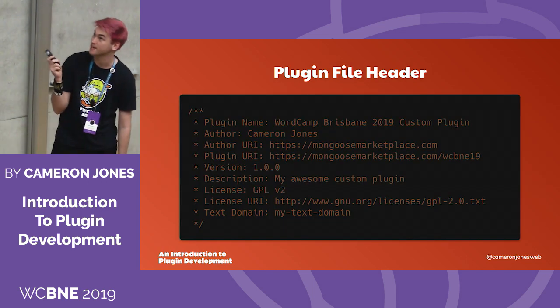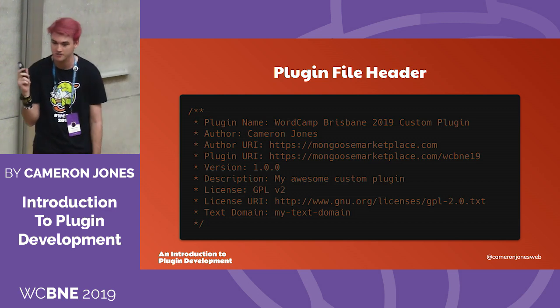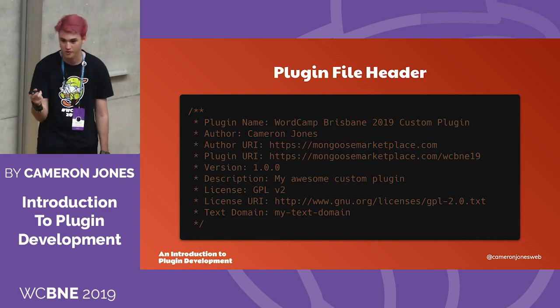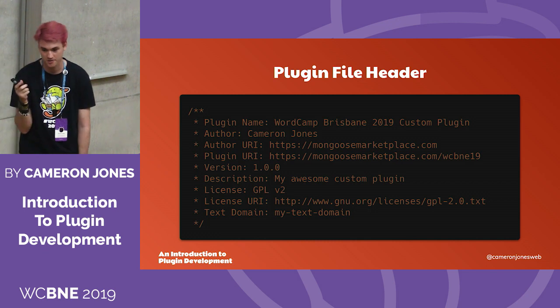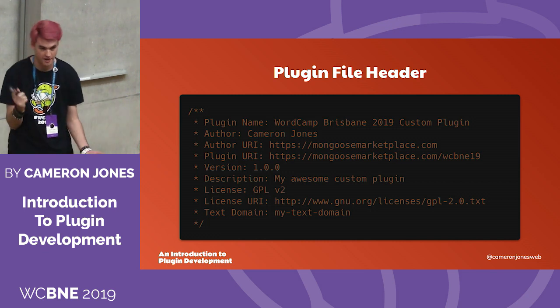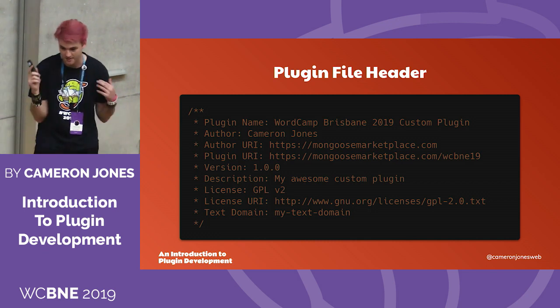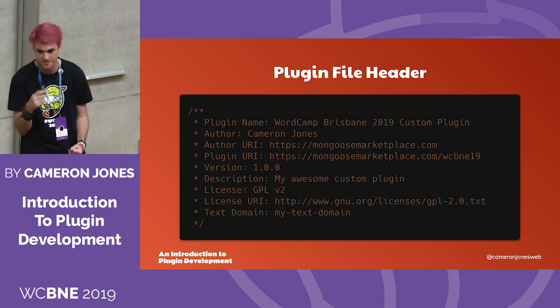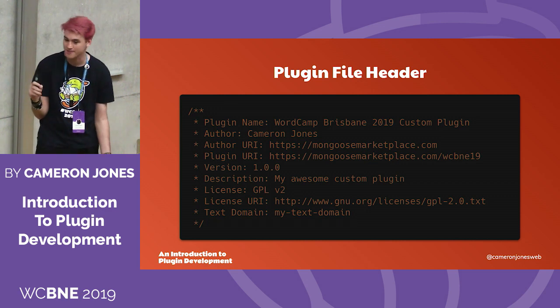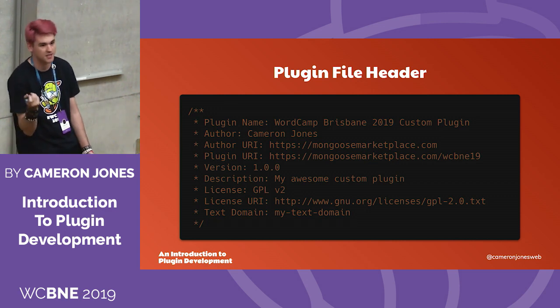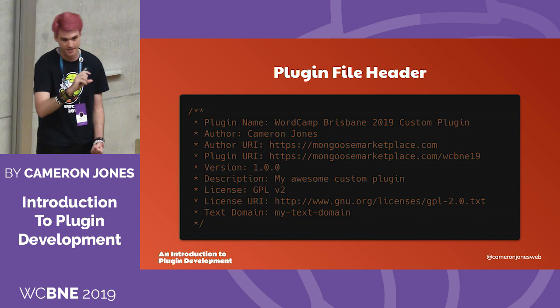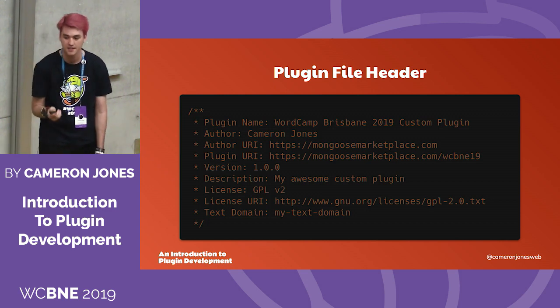This is an example of what the file header looks like. It's got the name, the authors and plugin URLs, current version number, description, license, and text domain, and there are a couple of others that I think you can add. It's all pretty self-explanatory: those details are what you'll see on the plugin screen when it gets to your plugin in the list.